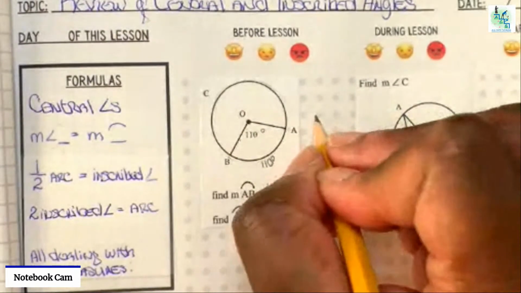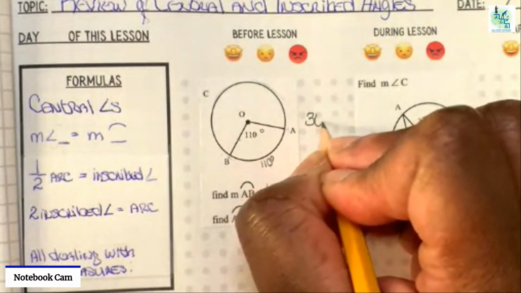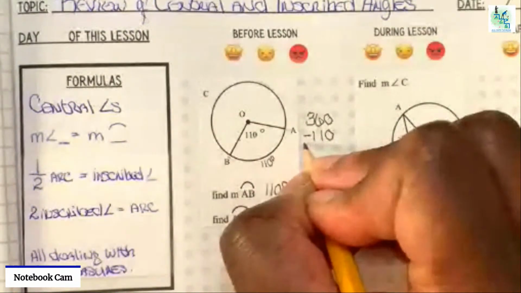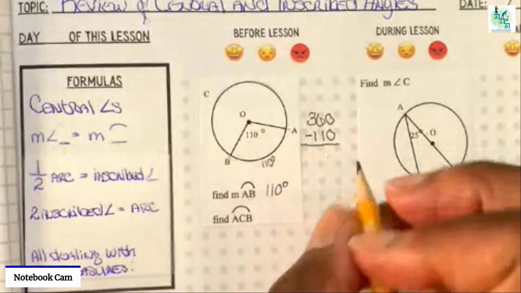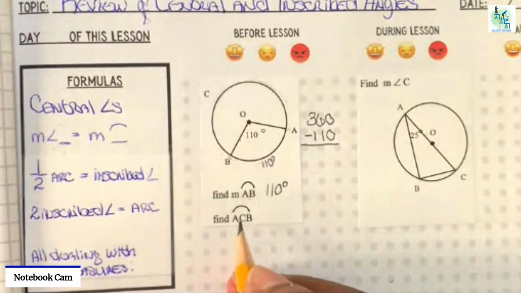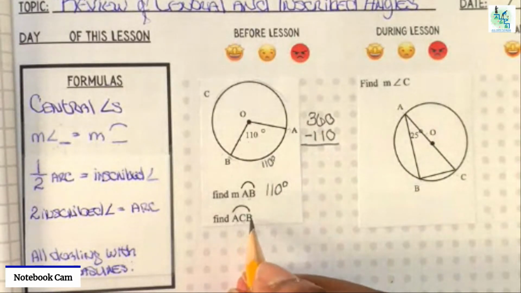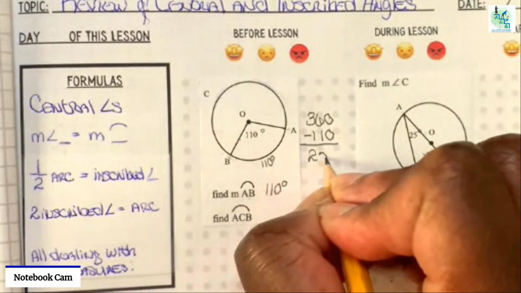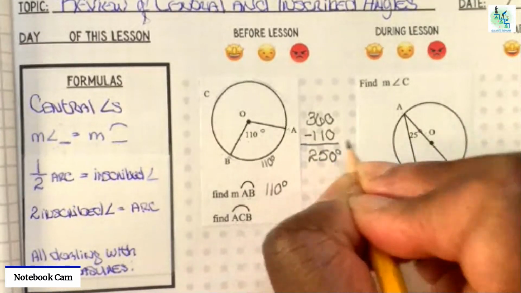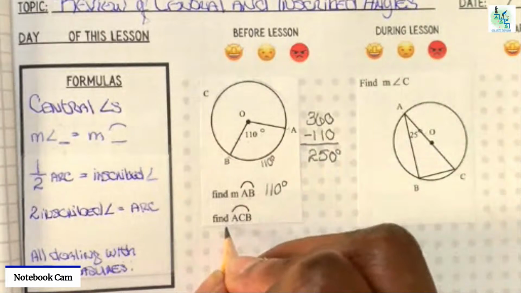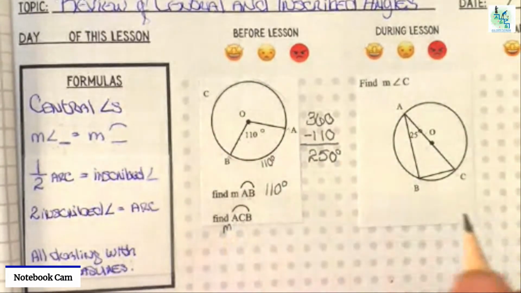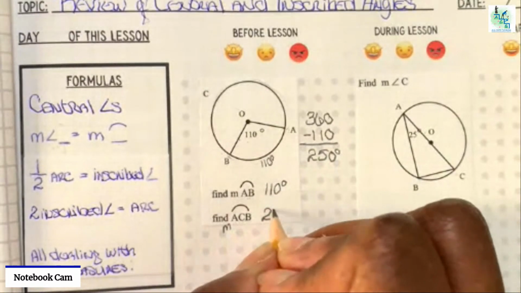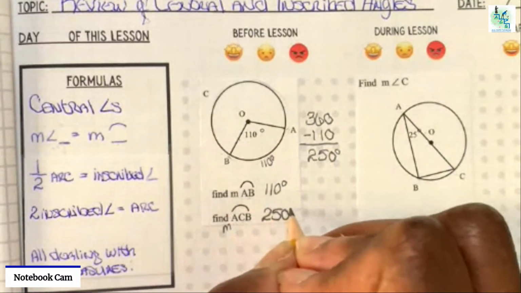So that means we have 360 degrees minus 110, and that will give us the measure of arc ACB. I can't emphasize it enough. So that's going to be 250 degrees. I'm going to put that little M because it really should be the measure of it. So we have 250 degrees.